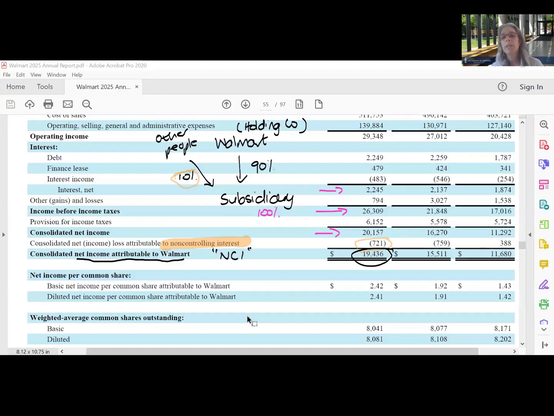So in particular, we do this with return on equity. Return on equity is net income over equity. So we just need to make sure we are using the right net income and the right equity number. So the way I set up this example was to use the net income.